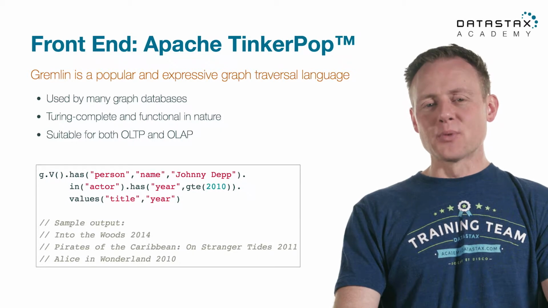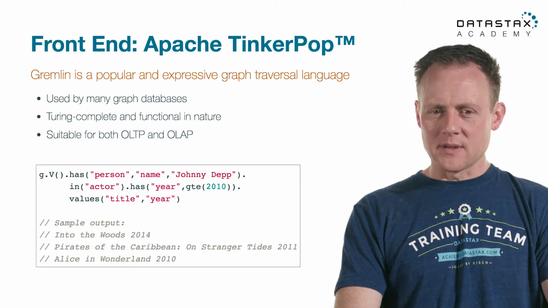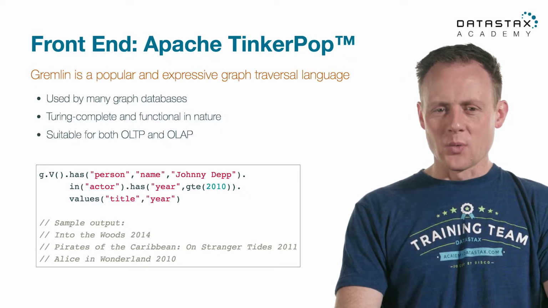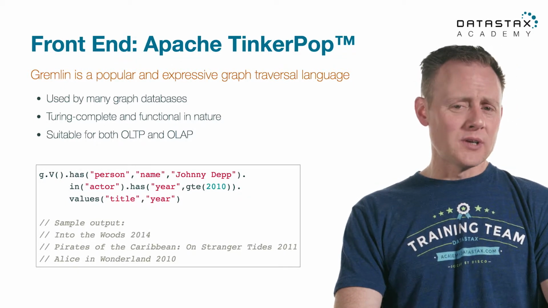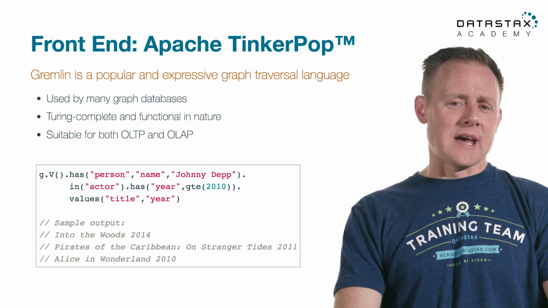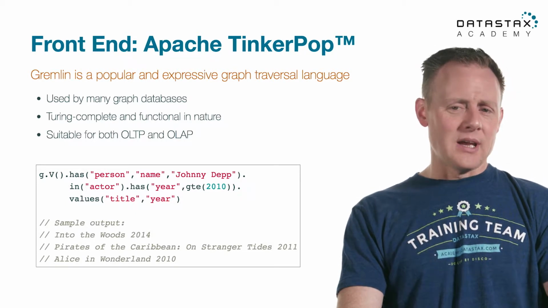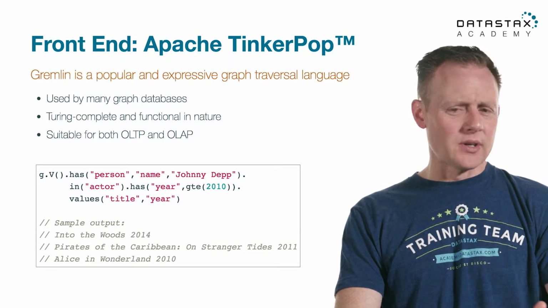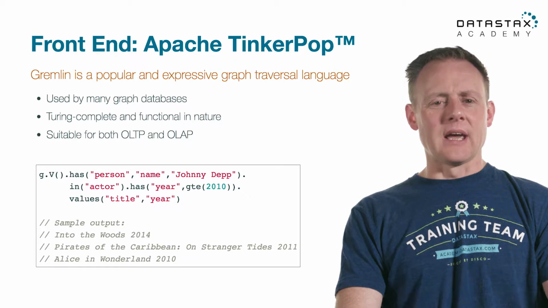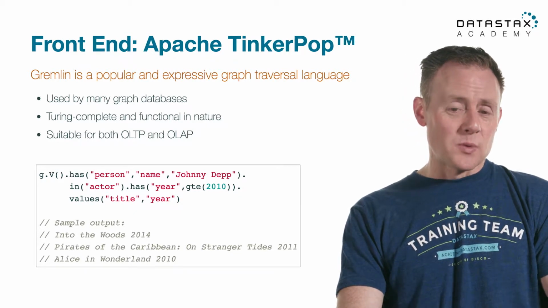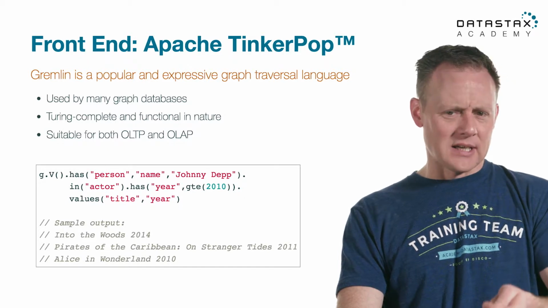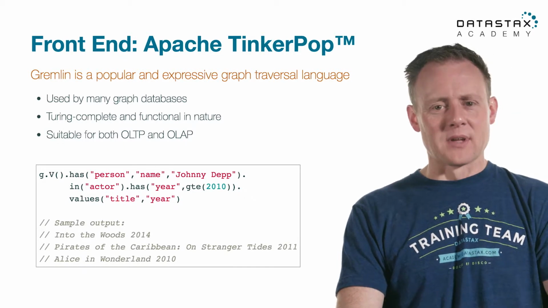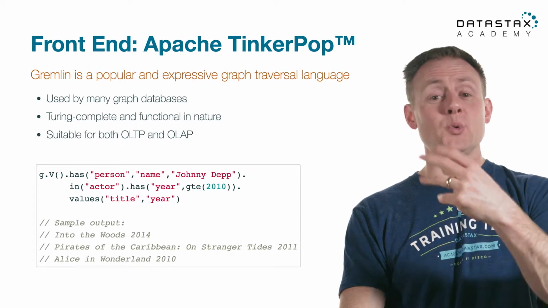You can kind of read this. There's some boilerplate stuff in there that you just kind of have to trust us. We need the g.V and that sort of thing. But it really looks like we're looking for something in the graph that has the type person and the name Johnny Depp. That looks like that's specifying a property. And it has an incoming edge with the actor type. And that thing, what would have an incoming edge, if you look back at the graph diagram, that would probably get us to a movie.